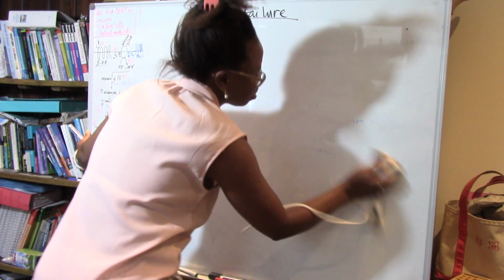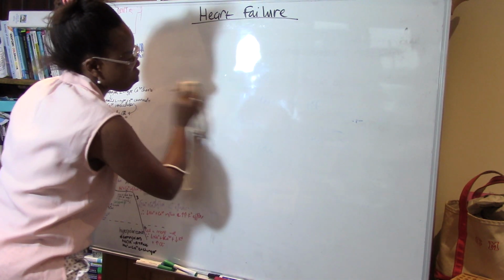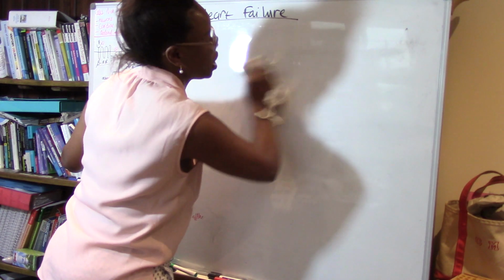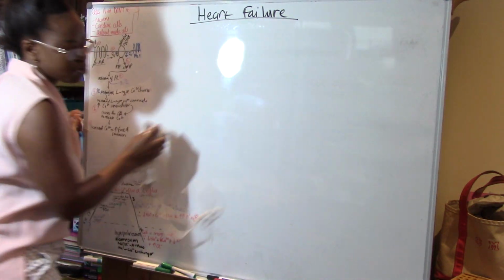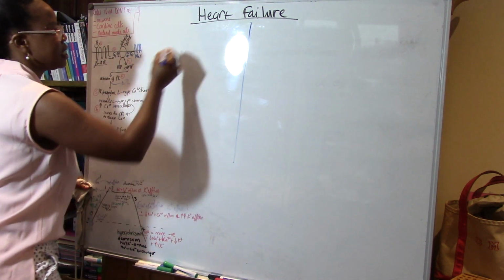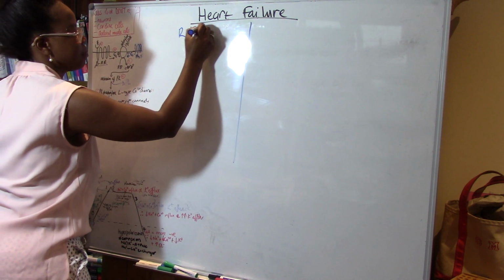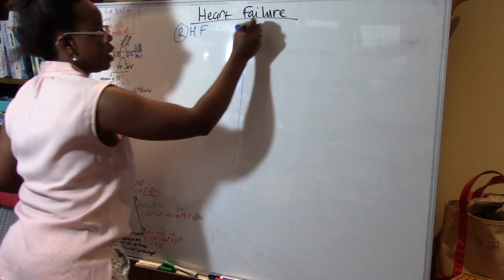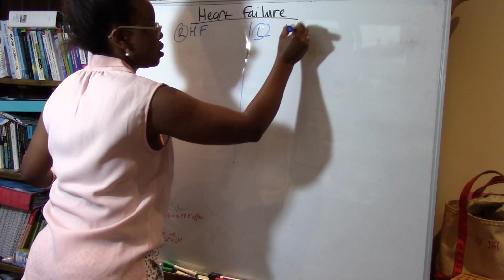And now we have to look at what are the symptoms of heart failure quickly. The symptoms of heart failure can be divided into right heart failure and left heart failure.